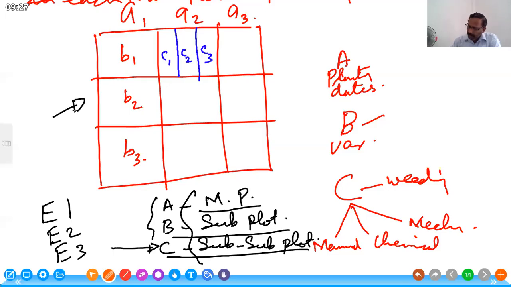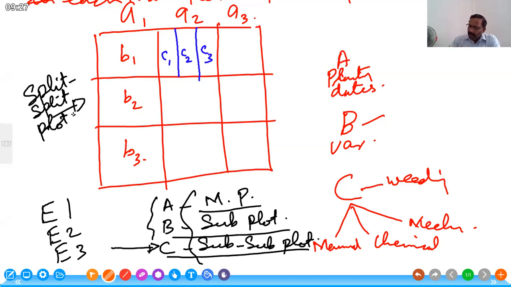All right. This is the second type, which I discussed with you just now. It is called split plot. Why? It is dividing one plot 2 times.